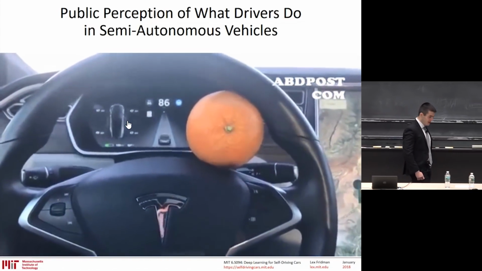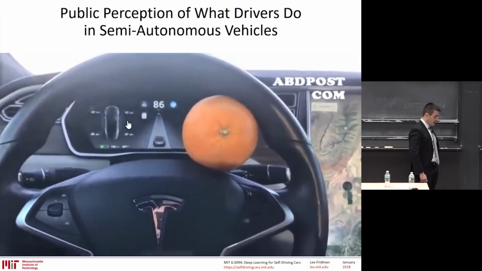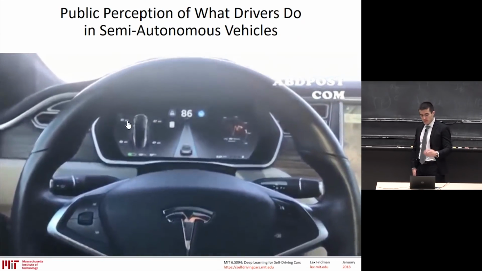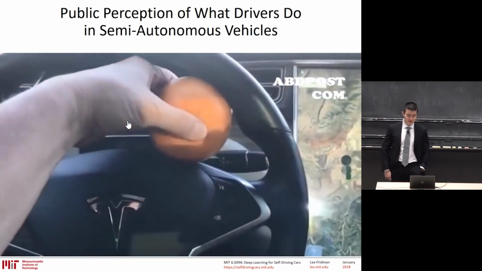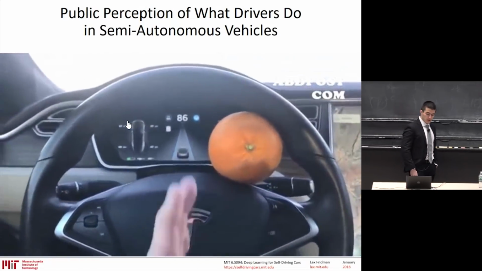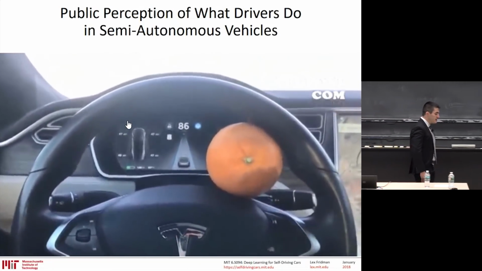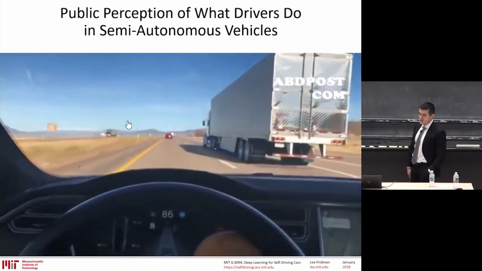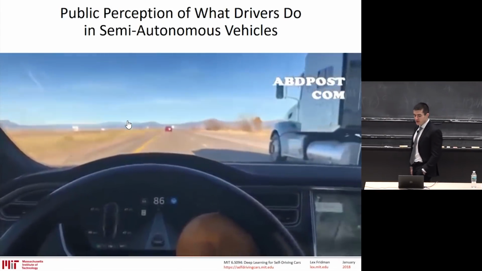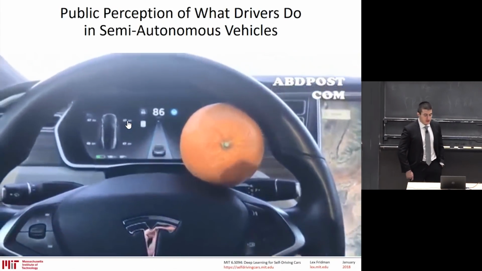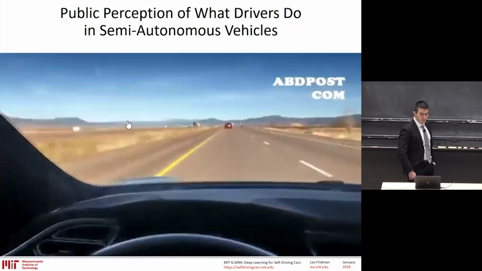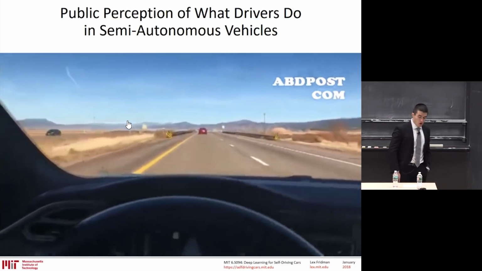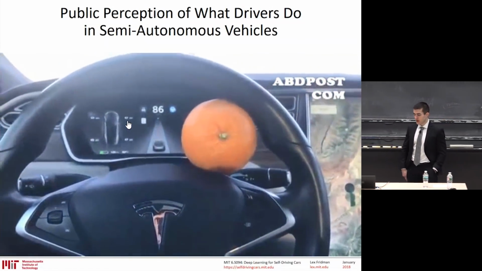In this case, brilliantly, I have to say, they shove an orange into the wheel to make the touch sensor fire and therefore be able to take their hands off the autopilot. And that kind of idea makes us believe that there's no way that humans will not find a way to misuse this technology. However, I believe that that's not giving the technology enough credit. Artificial intelligence systems, if they're able to perceive the human being, are also able to work with the human being. And that's what I'd like to talk about today.